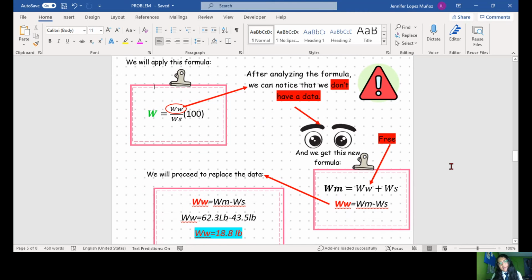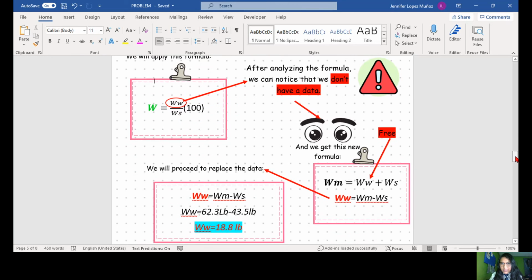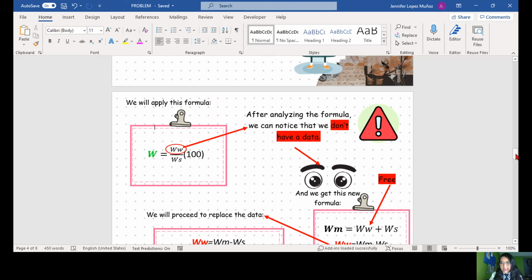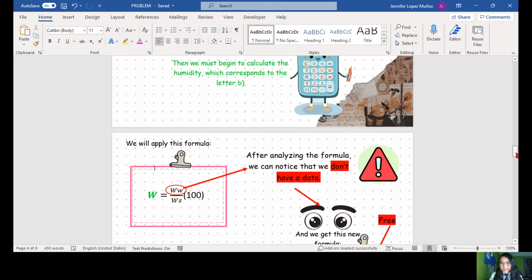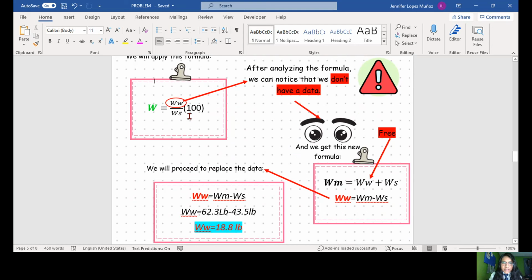But after analyzing the formula, we can notice that we don't have the data corresponding to the water weight.